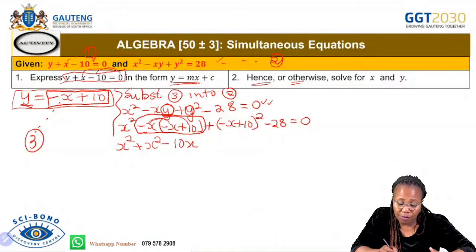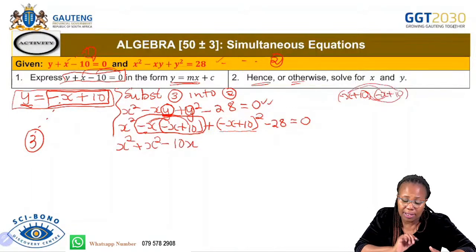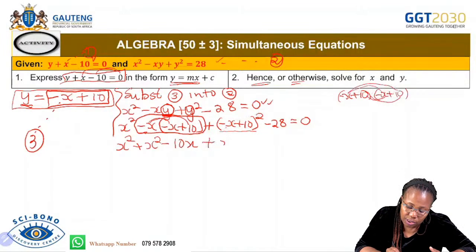And then we move now to this bracket. Remember, this is a square bracket. You can do your bracket normally as you are used to, minus x plus 10 minus x plus 10, because this square means two brackets of the same thing, and distribute them one by one, and then you'll end up with the same answer as the method that I'm going to do now. My short method states that you square the first term, that is minus x squared is minus x times minus x, which is an x squared.